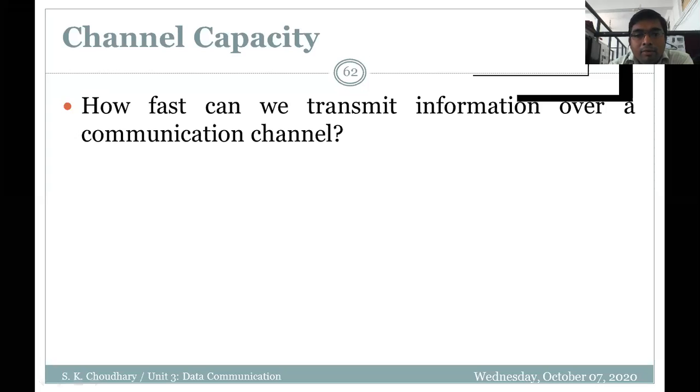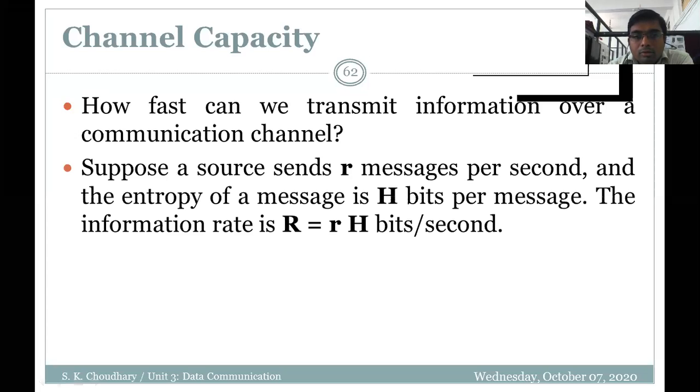But can we answer how fast we can transmit information over a communication channel? The solution is that first of all we have to remember the information rate. Then only we can decide the speed of transmission of this information over the channel.